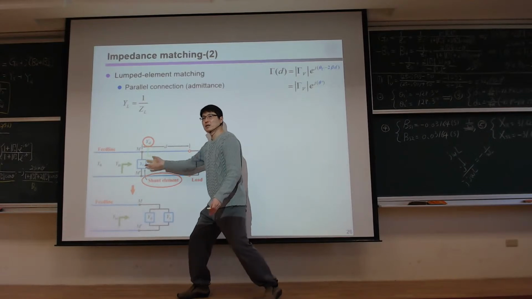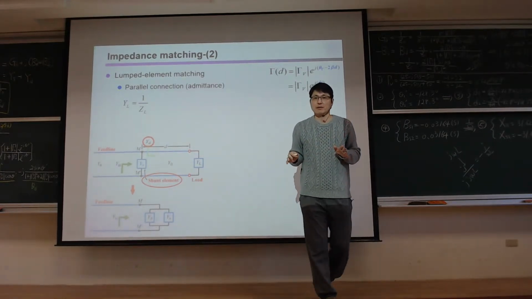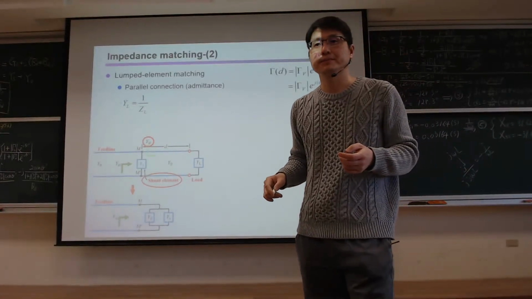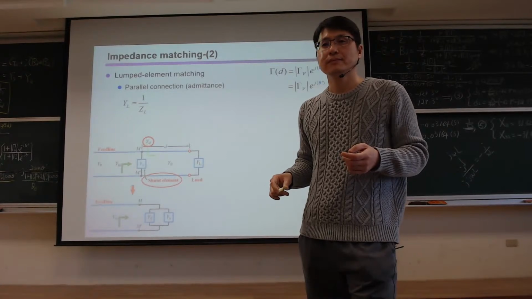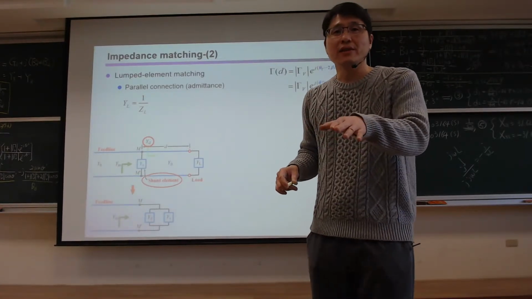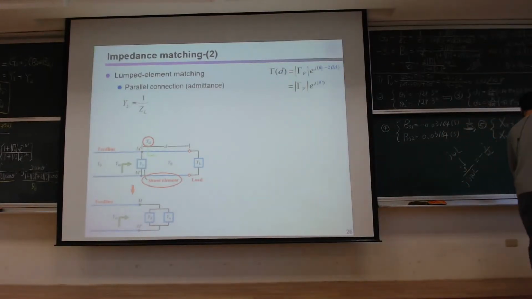This is free, but somewhere behind the load is not accessible. Is that clear? Any more questions? I think the student can hear me, right? I'm trying to answer. All right, so let's come back.